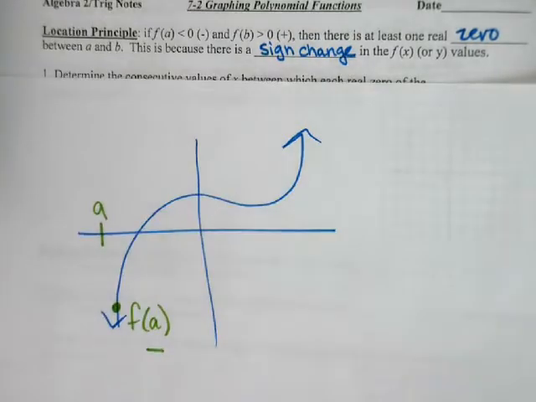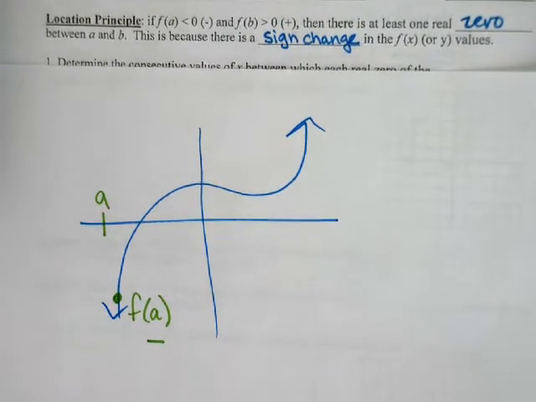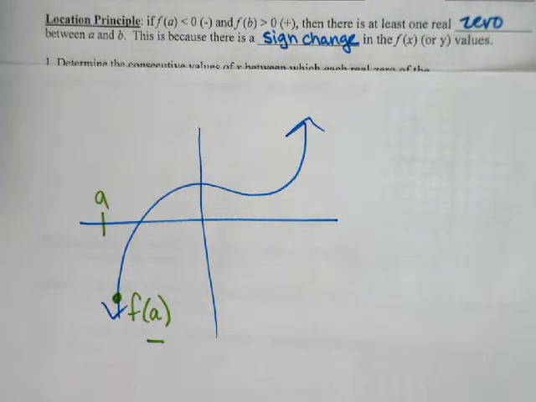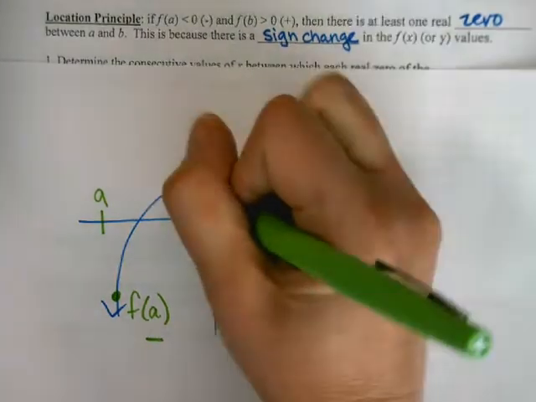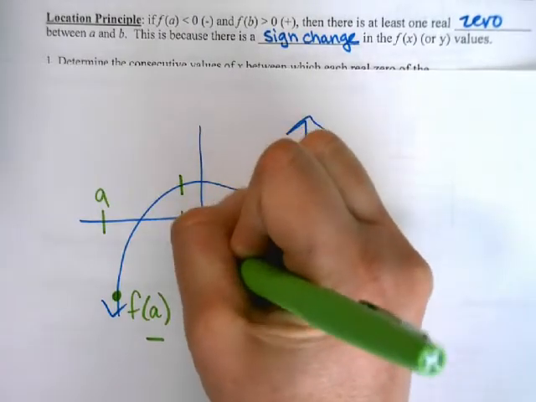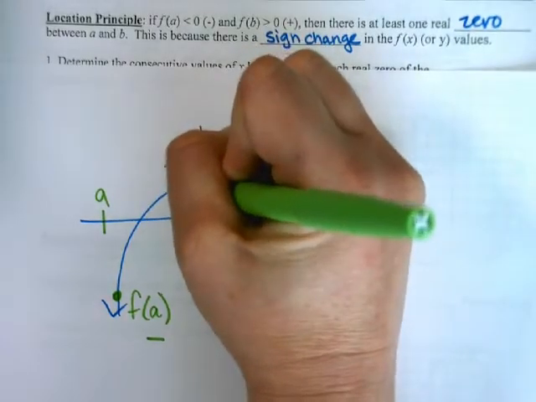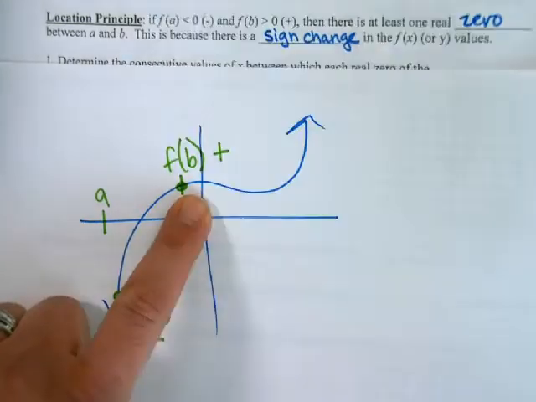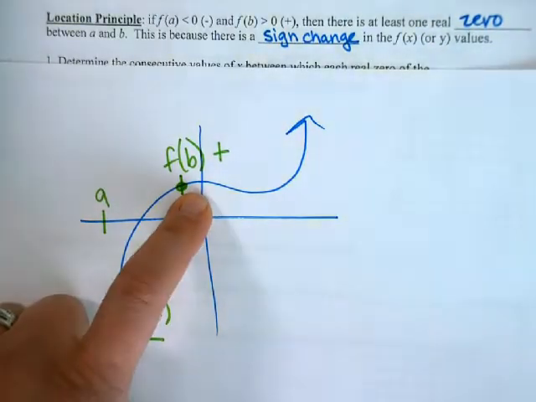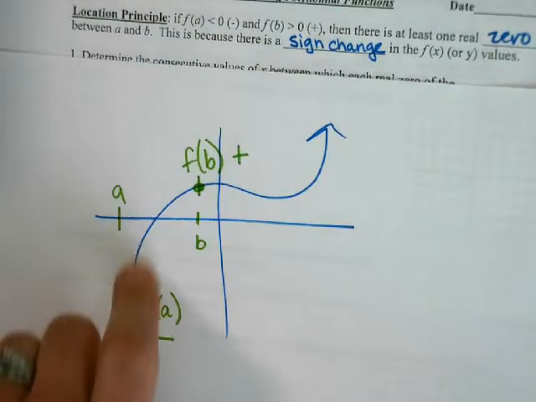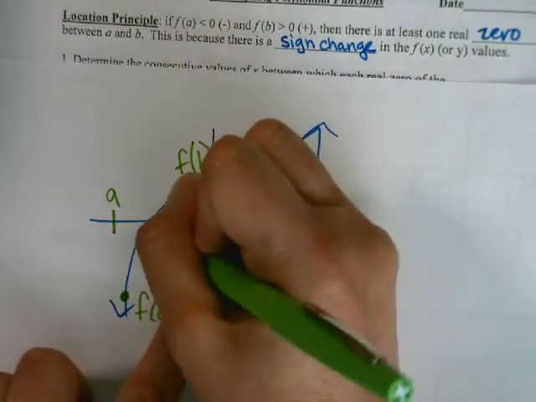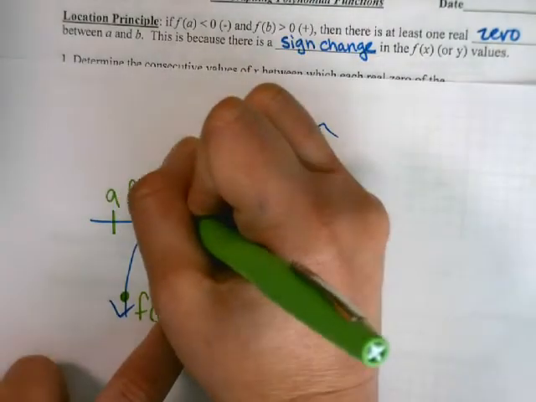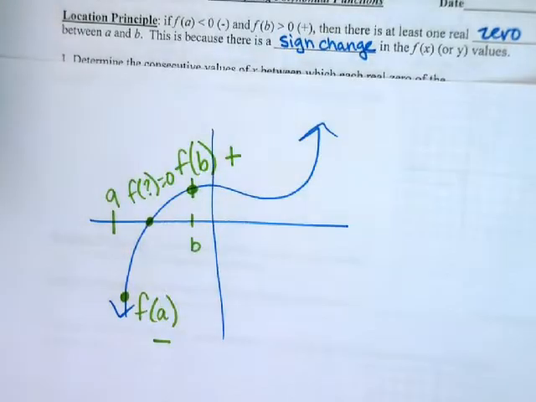So it's saying if my y value is negative at A, but then I say somewhere over here like this is B, this is my f of B, and he's now positive, somewhere between there, my function value has to be 0. And if it has to be 0, that means I have a solution in there.